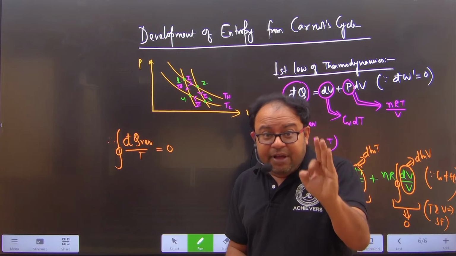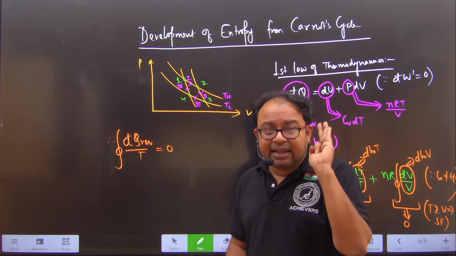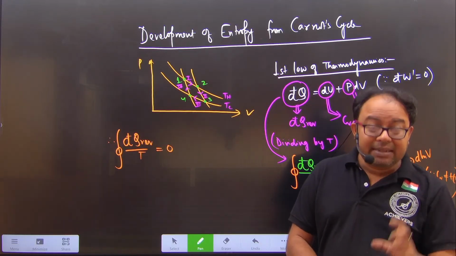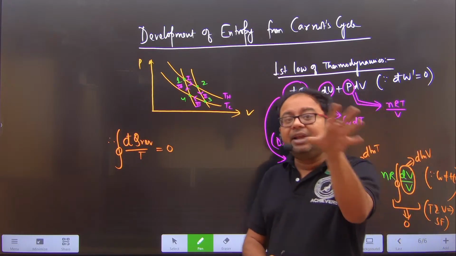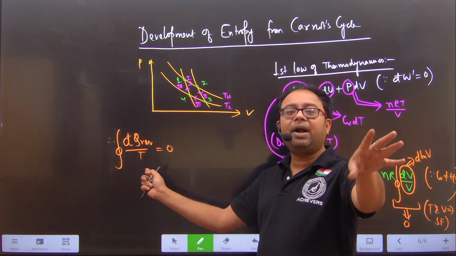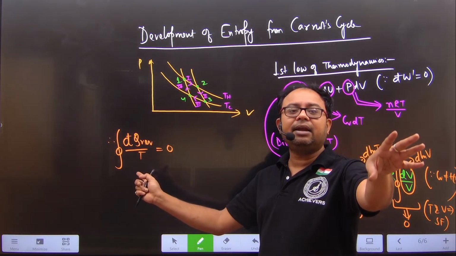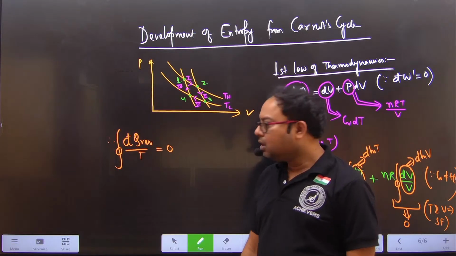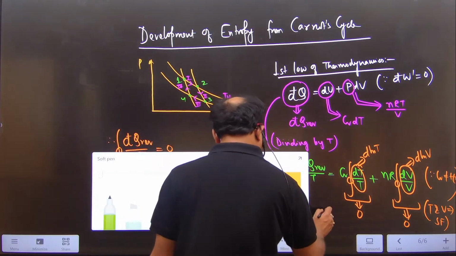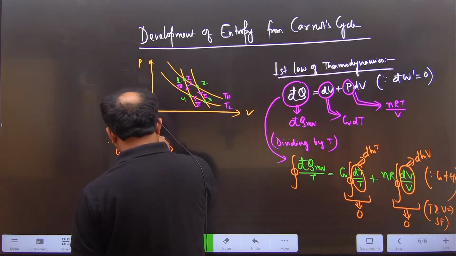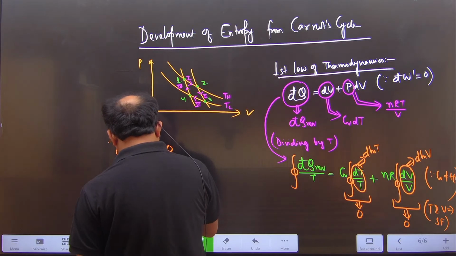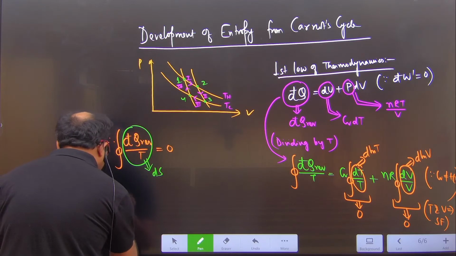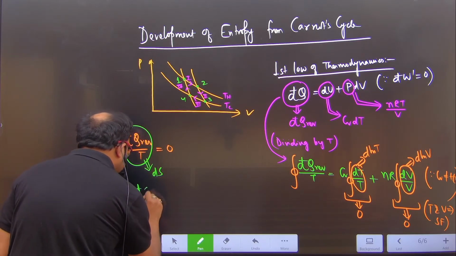Heat is itself a path function, but this particular form depicts the property of a state function. If the cyclic integral of dx is 0, then x is a state function. So you can replace this by dS. I've written, let dS be equal to d cut q reversible by T.